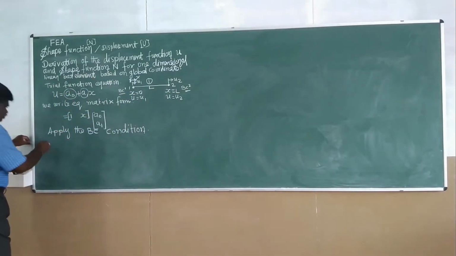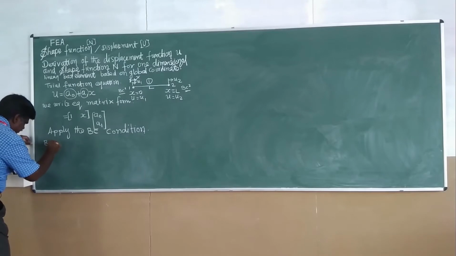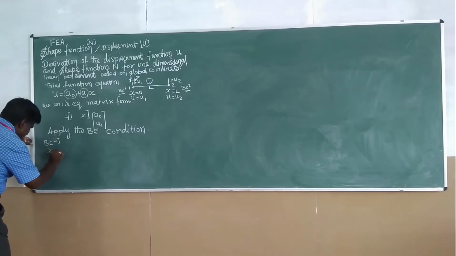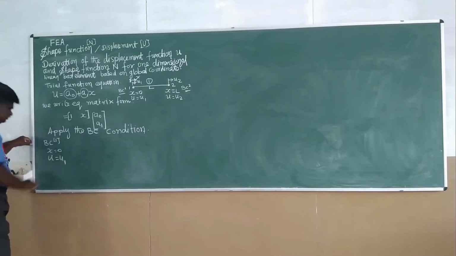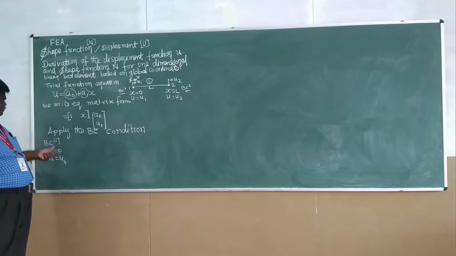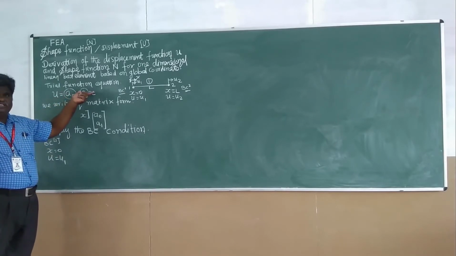Apply boundary condition 1: x equal to 0, u equal to u1. So apply the boundary condition in the trial function equation.